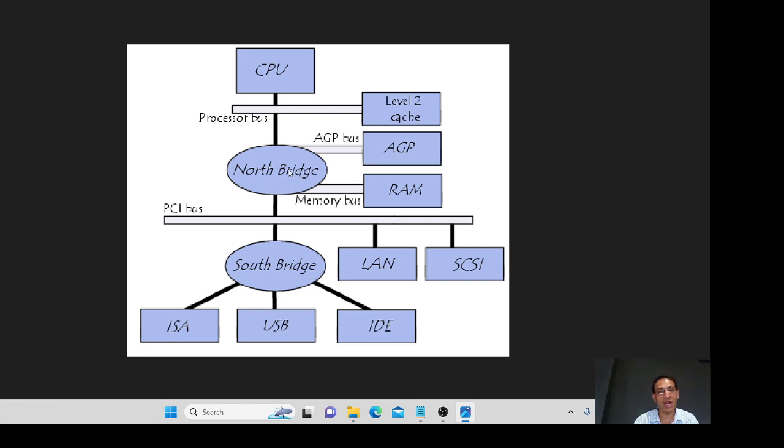If the processor requires data from any outside device, it gets it through the north bridge. So if an ISA device is involved, the path is a bit long and it will take more time. PCI is much faster because it is directly connected to the north bridge.